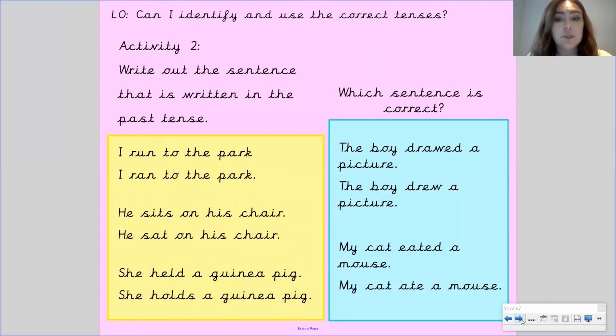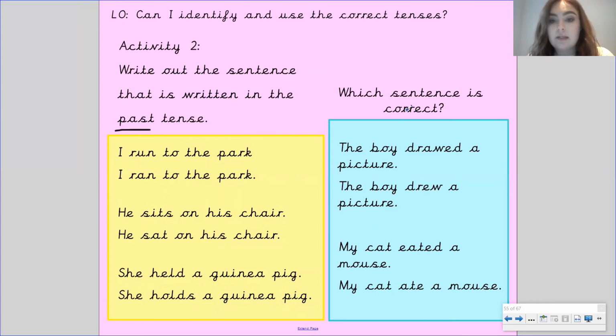Okay, activity number 2. So you have got 2 to complete. You need to write out the sentence that's written in past tense here. So you've got 2 sentences to choose from, and you need to write the one that is correctly written in past tense. So you've got I run to the park, I ran to the park. He sits on the chair, he sat on his chair. She held a guinea pig, she holds a guinea pig, which is written in past tense.